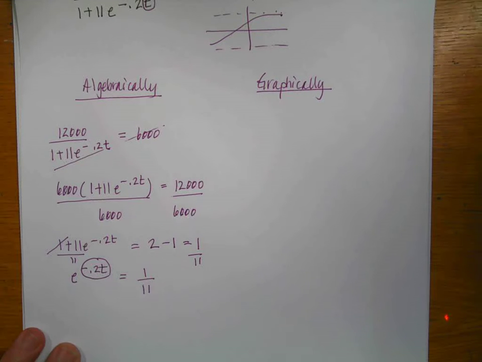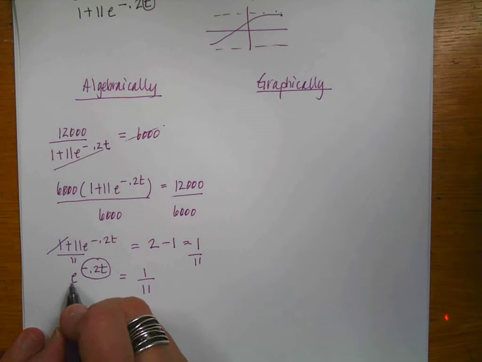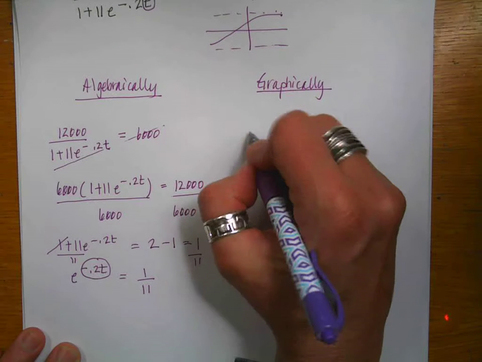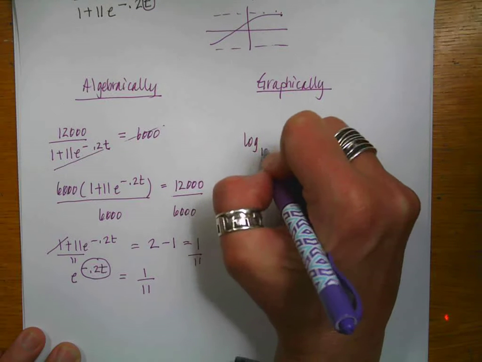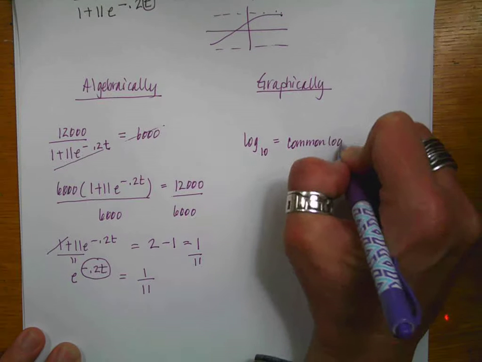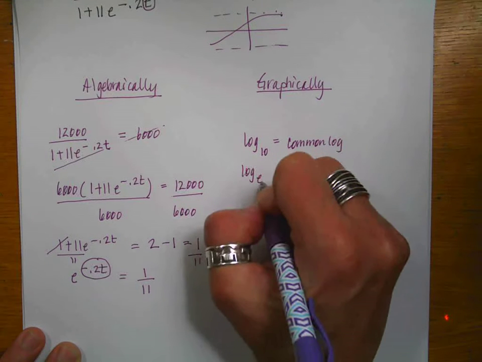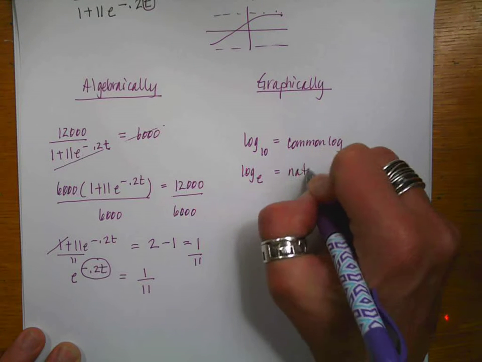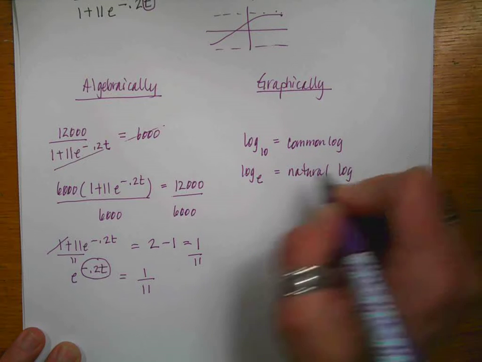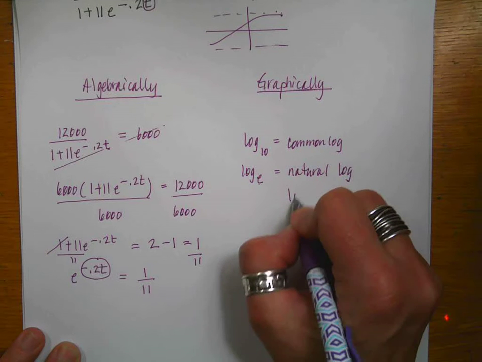Because I have a variable in the exponent position, I'm going to take the log of both sides. If we take a little side trip: the log base 10, if you'll remember, was called a common log. Well, a log base e is called a natural log, hence the natural growth model.